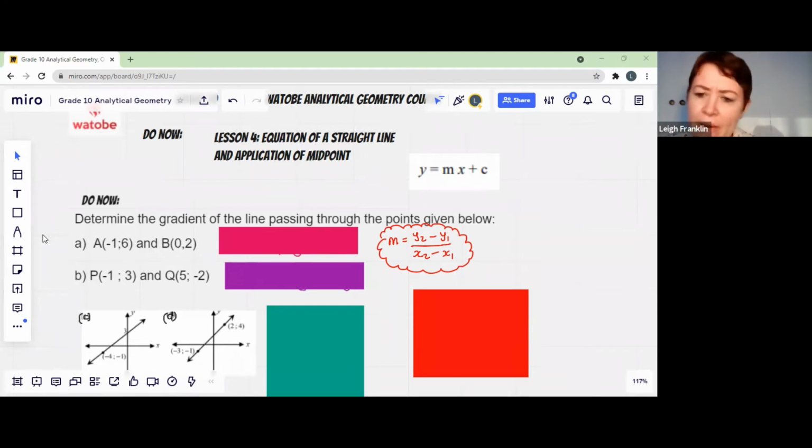Okay, has everybody been able to do at least one? If you've done, okay, thanks, David. Even if you just do the pink, it doesn't matter. Okay, Anna.